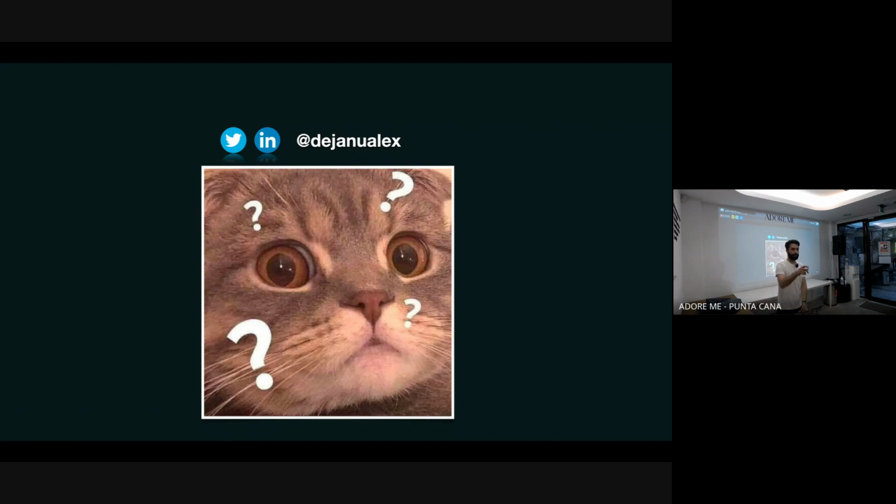Yes, please. You have not mentioned anything related to the number of namespaces or the number of pods that can be deployed on a node. Are those going to affect the performance of the respective node? If I have a higher number of namespaces or a higher number of pods, will it be harder to scale? So that's a good question. Let me repeat it to be sure that I understand.